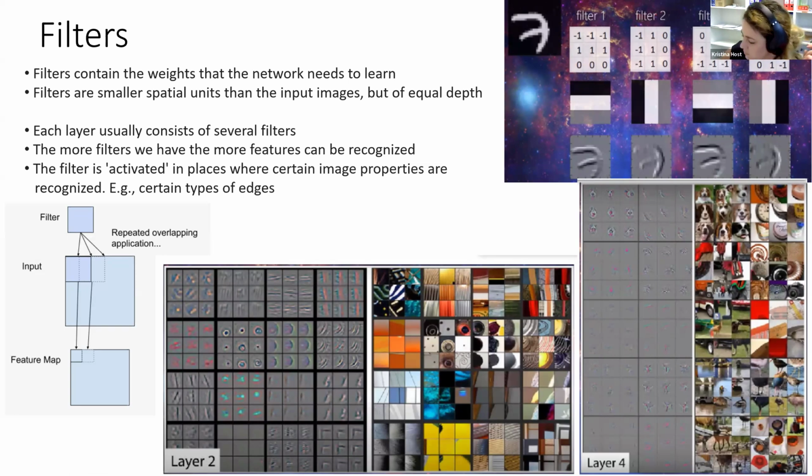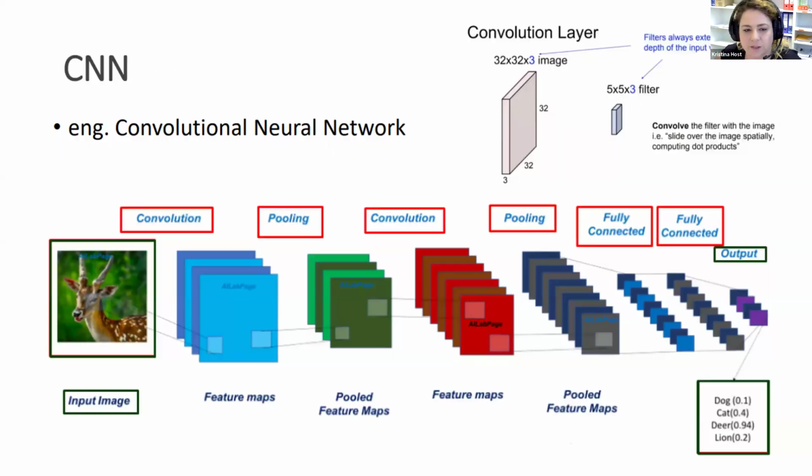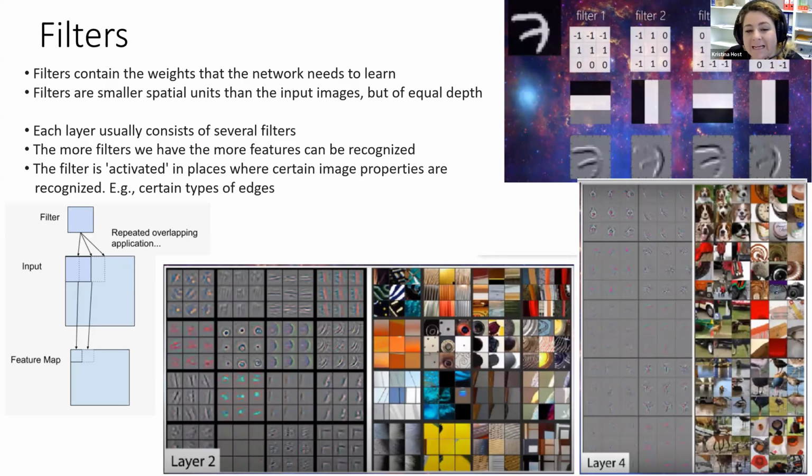When you are at the beginning of the network, the network can recognize some basics, for example, shapes, some edges, some contours, the most basic shapes like circles, squares, and similar. So you can see here what the results are in the second layer, at the beginning of the network.